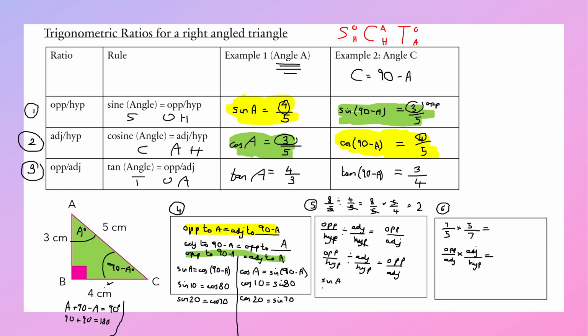We can call that cos A. So sine A divided by cos A, what's that going to give us? What angle here deals with opposite over adjacent? Tan A. So an example is, if I had sine 30 degrees and I divided by cos 30, guess what I'm going to get? I'm going to get tan 30.